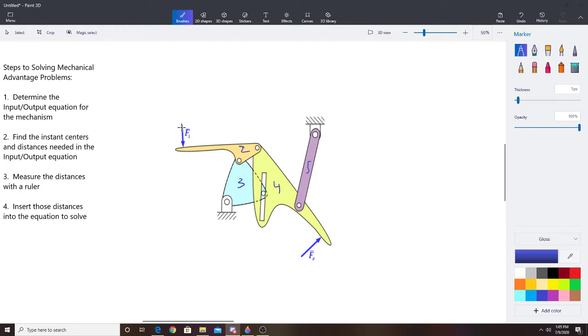So what I'm asking is essentially, is the input force on a slider? Or is the output force on a slider? Or is it all attached to spinning joints, like revolute joints?